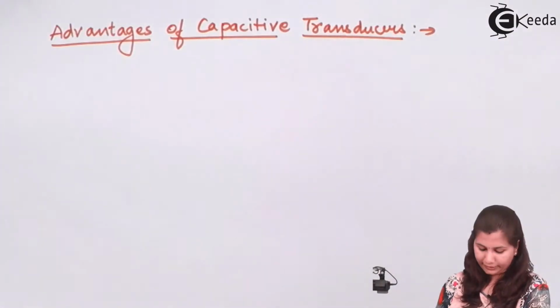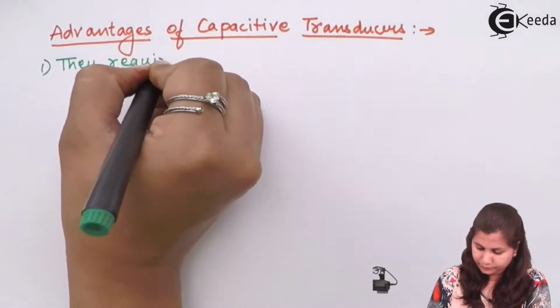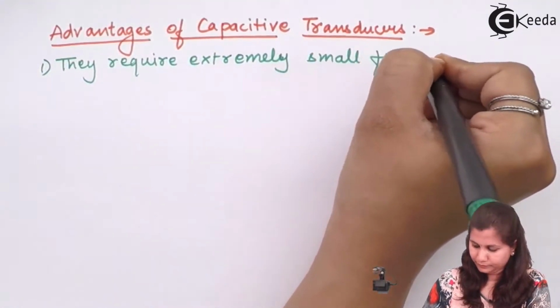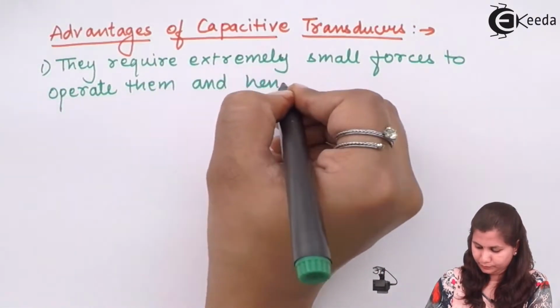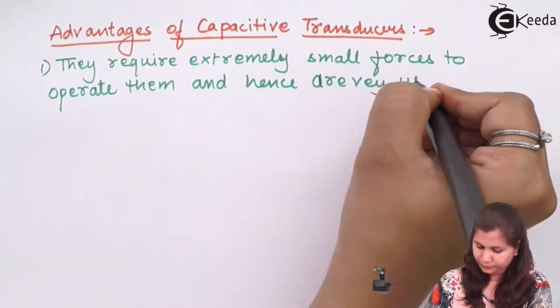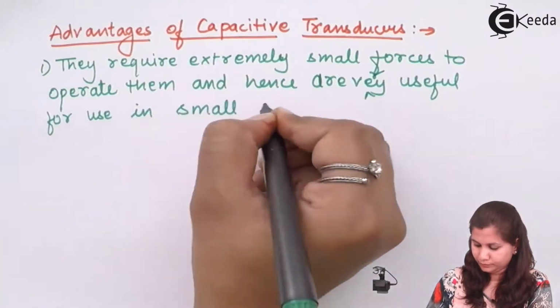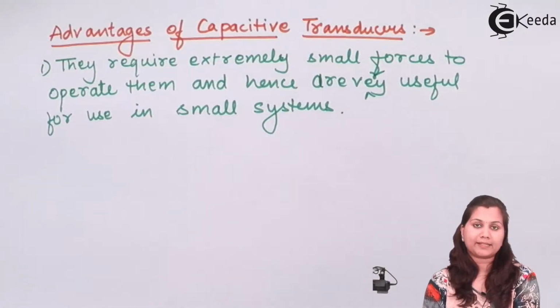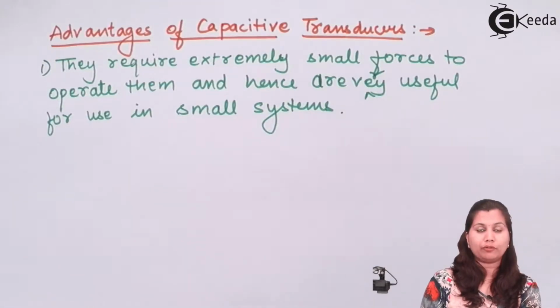First, we will see the advantages. Now the capacitive transducers are a type of passive transducer, meaning they require an auxiliary source for their operation for the conversion of non-electrical to electrical quantity.